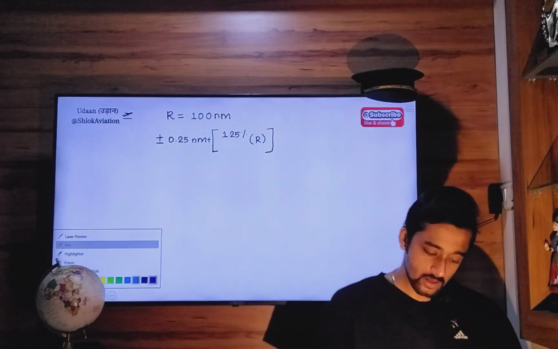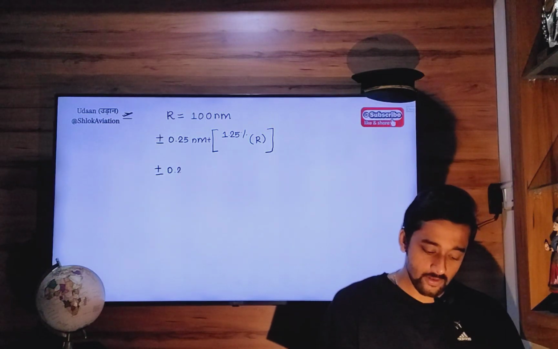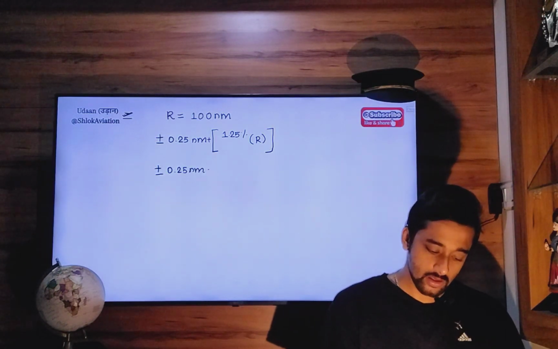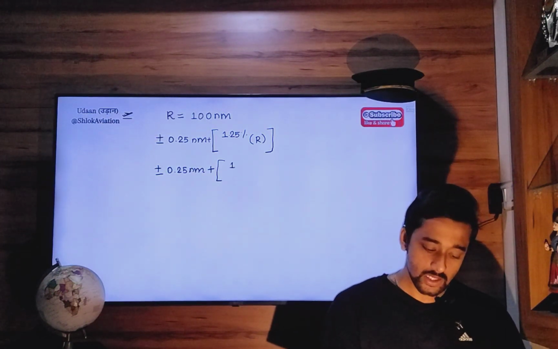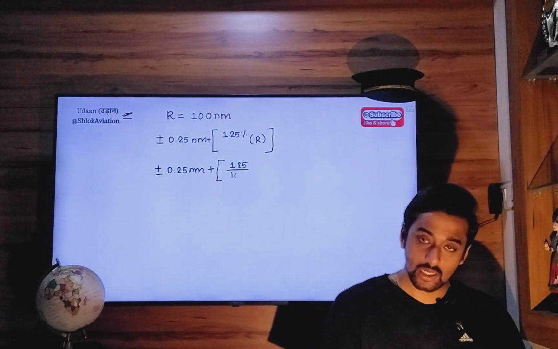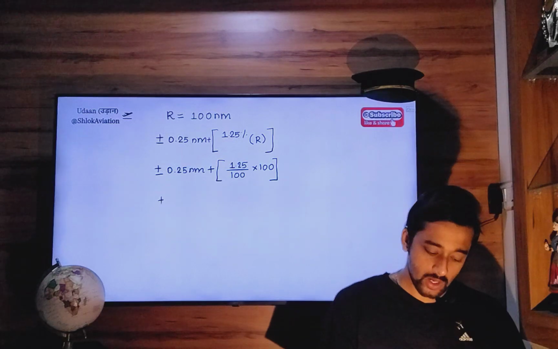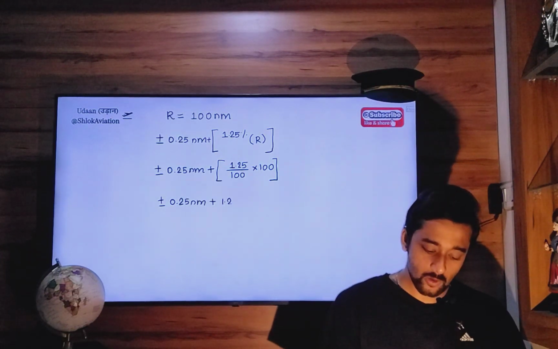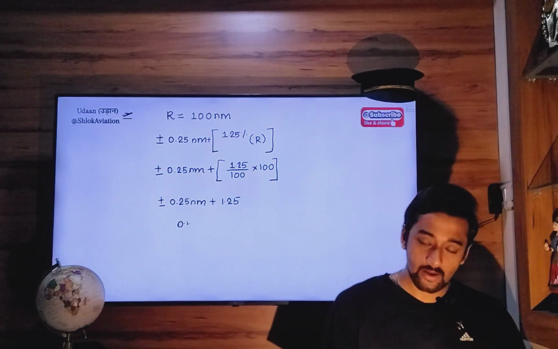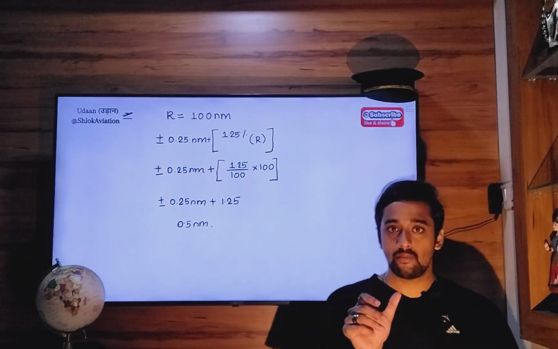So plus minus 0.25 nautical miles plus 1.25 percent of 100. Range is 100, so plus minus 0.25 nautical mile plus 1.25. So 1.5 nautical miles is the limit.